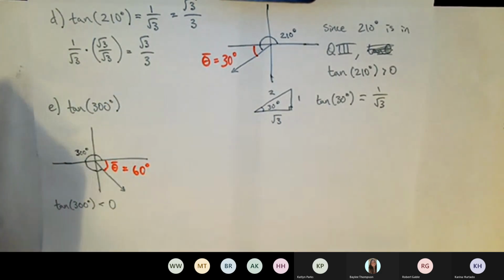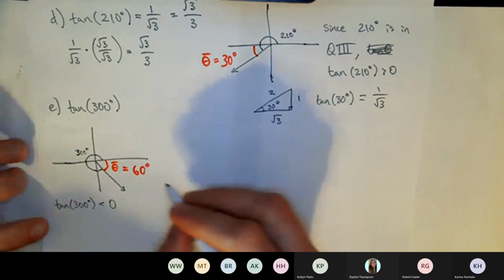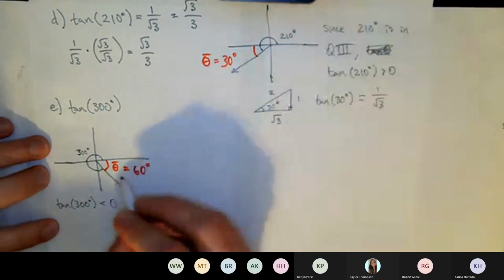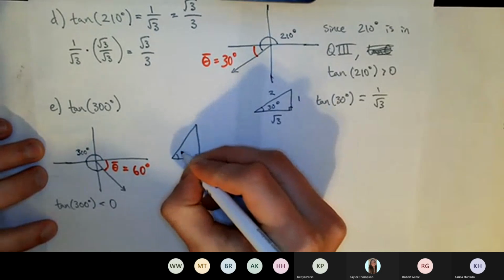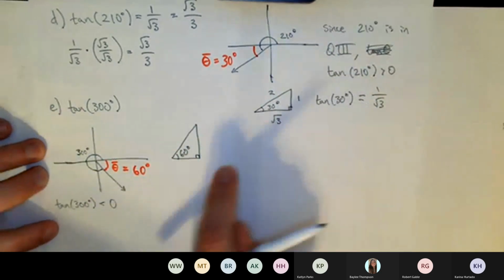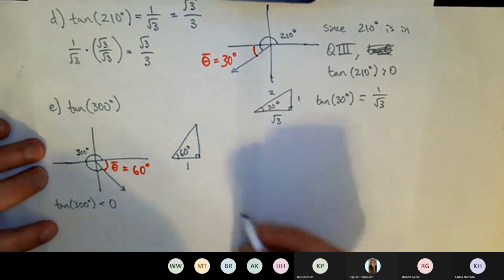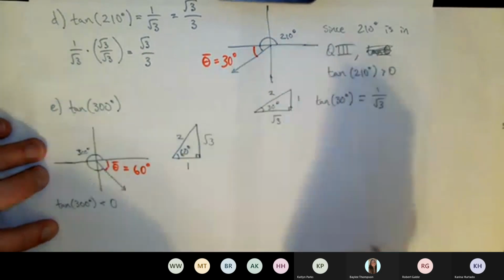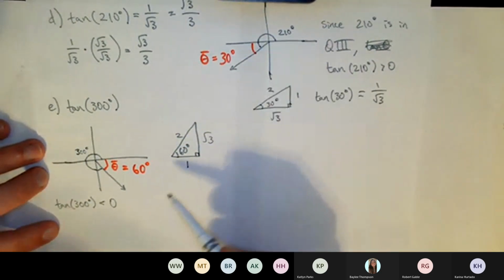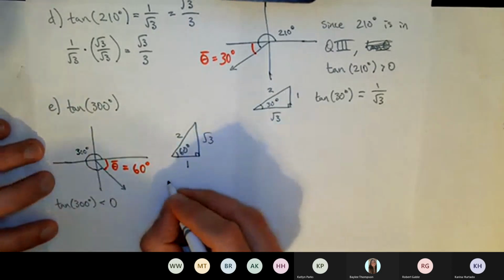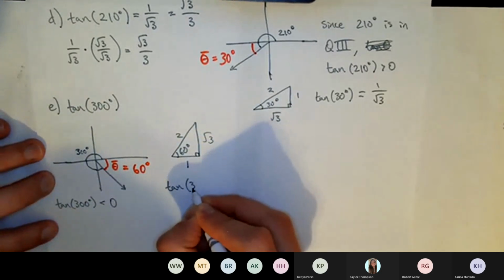Okay, so now I'm thinking about tangent of 60 degrees. Before I even think about tangent, I'm thinking of the 60-degree angle. That's going to be one of these reference triangles. It's actually the same as this one, just oriented a little bit differently with that short side on the bottom, like that. Oriented this way, the square root of 3 ends up on top.